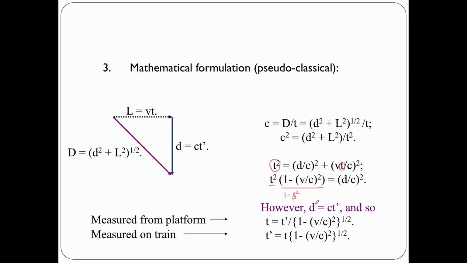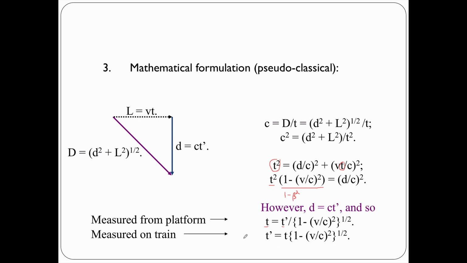But we know that d is equal to c times t prime. So we can substitute in for d over here. The c's cancel away, and we end up with t prime. So as measured from the platform, t is not t prime, but t prime divided by the square root of 1 minus v over c squared, or gamma times t prime.